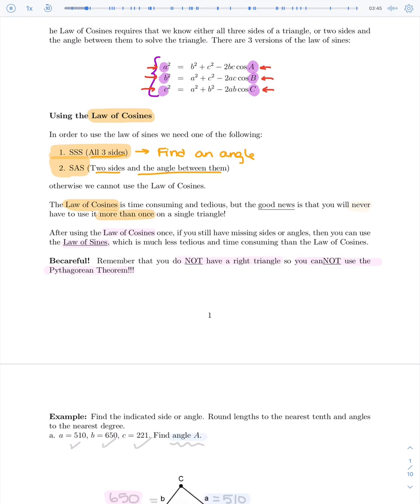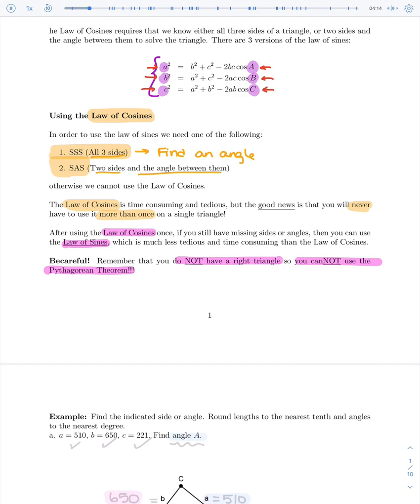And again, remember, the reason we've come up with these two tools, the law of cosines and the law of sines, is because you do not have a right triangle, which means you cannot use the Pythagorean theorem.